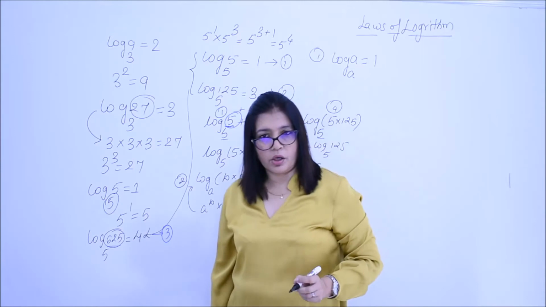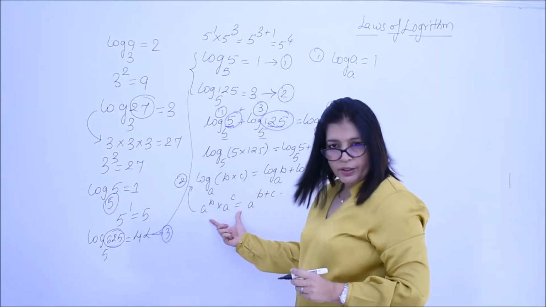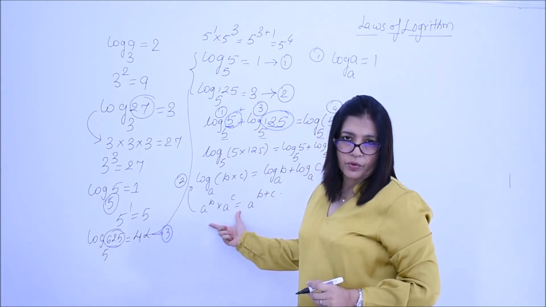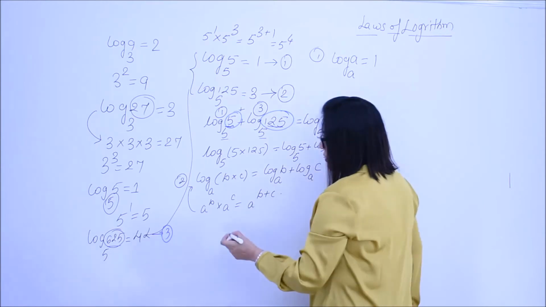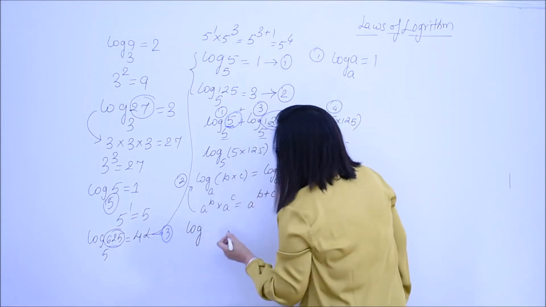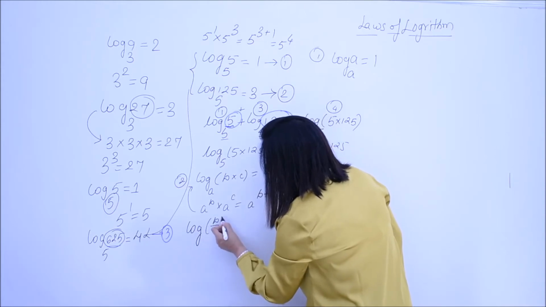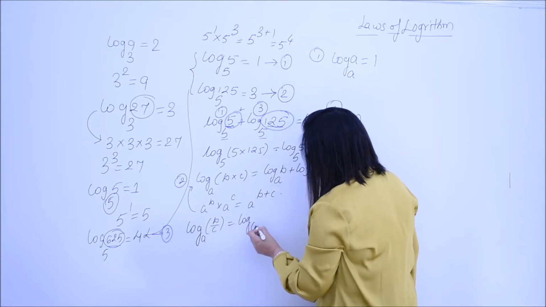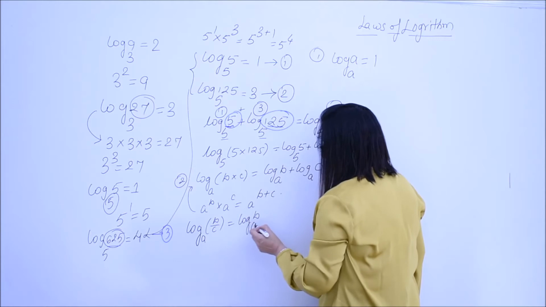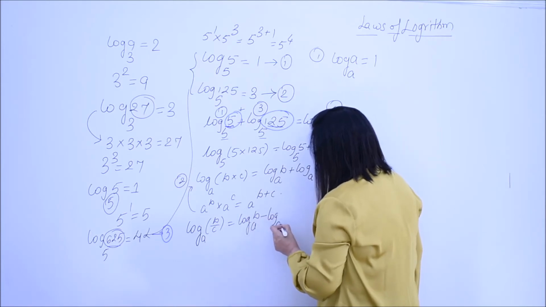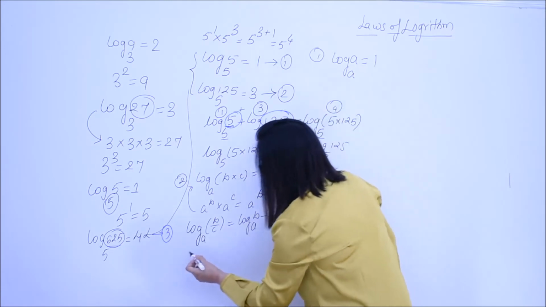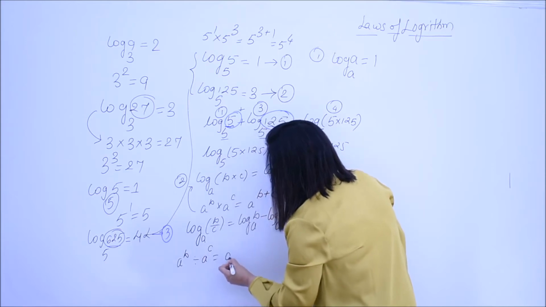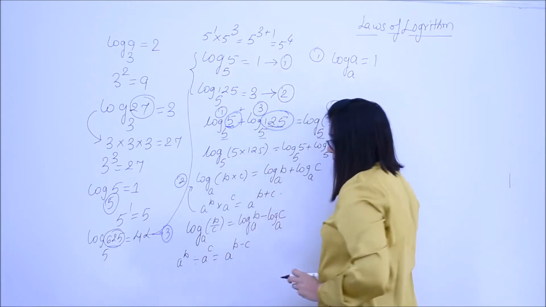Now let's look at the third law. If this is true with respect to multiplication, then we can easily deduce that it will be true for division also. So let's do the division. The log of b divided by c, where the base is a, I can write down as log to the base a of b minus log to the base a of c, because we know that a to the power b divided by a to the power c is equal to a to the power b minus c.